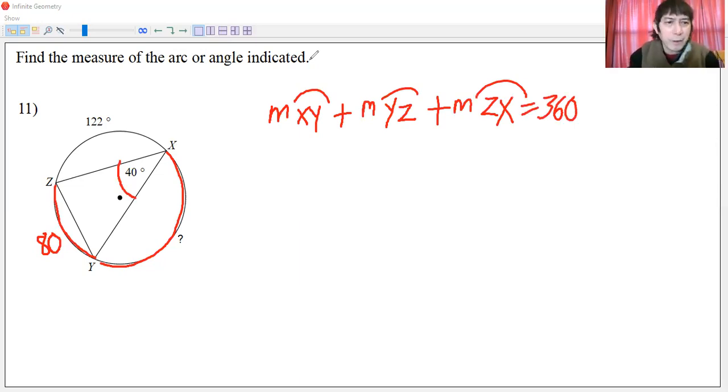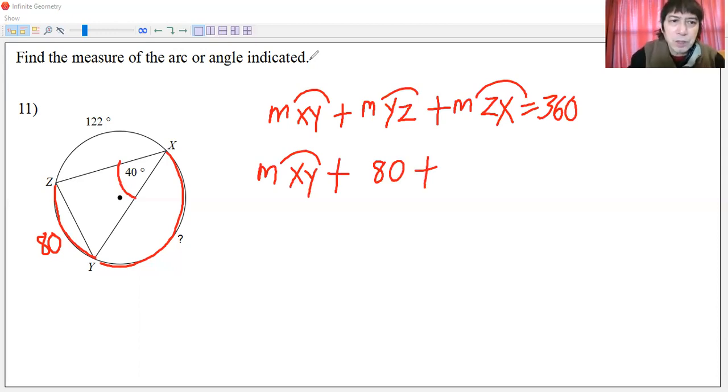All right, so XY is unknown, YZ is computed 80, ZX is given 122. And this is one full circle. There. Okay, so this must be about 202.